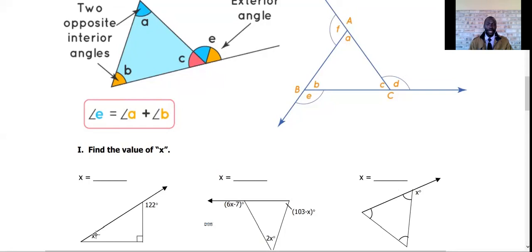And we can use that property here. When we add these interior angles, X and 90, remember, as I indicated a little bit earlier, this small box means 90 degrees. So when we add X to 90 degrees, we must be able to get 122 degrees. And so we are supposed to find the value of X in that case.